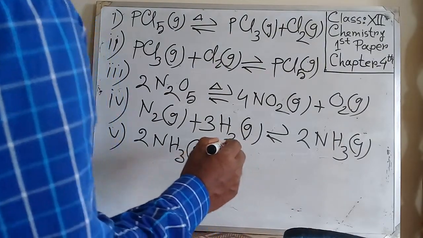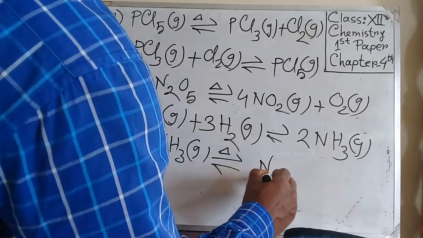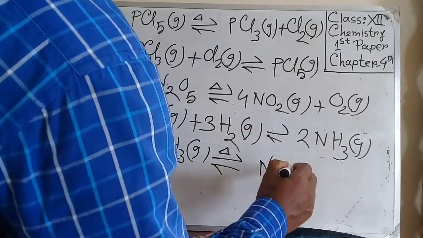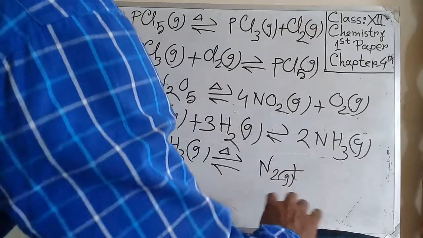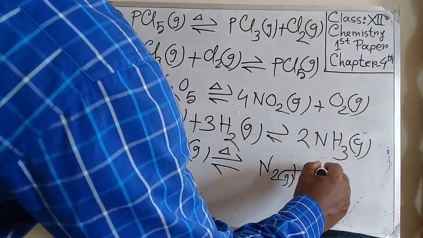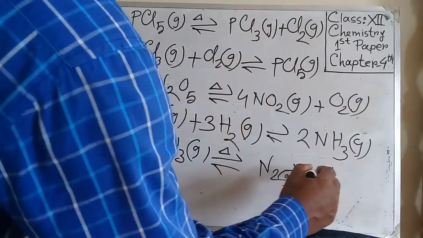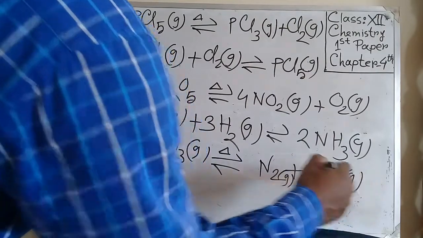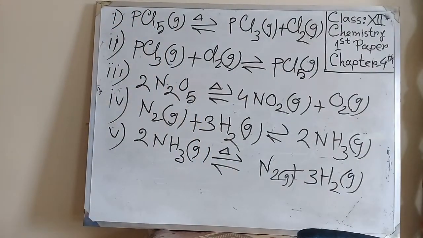We need to provide heat here, and nitrogen plus, of course we can write gas here, and hydrogen H2, and here 3. So these 5 reactions I gave in the previous class before starting the Eid vacation.